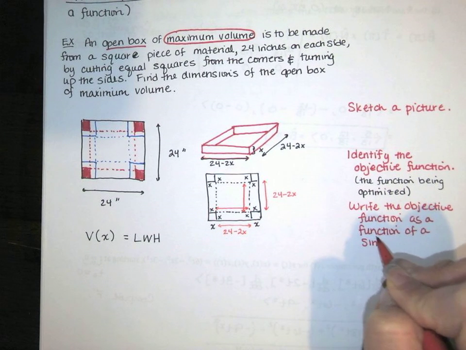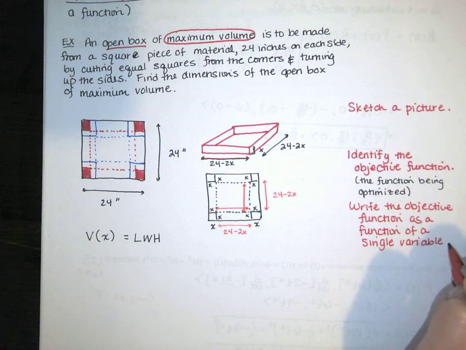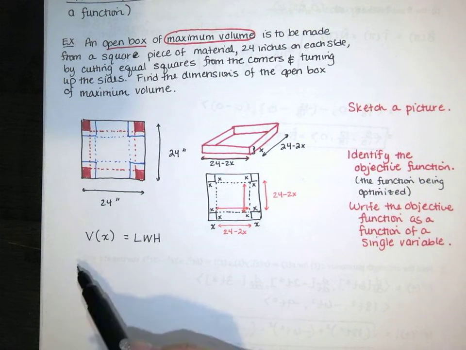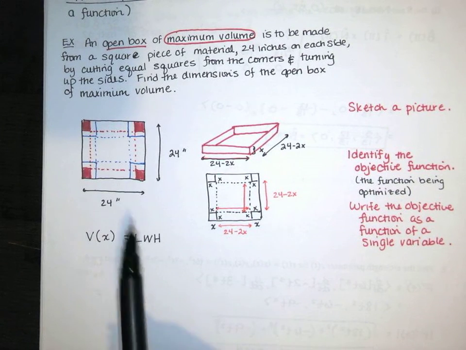We're in Calculus 1, so we can only optimize functions of one variable at this point. When you get to Calculus 3, you'll be able to optimize functions of two variables. But for right now, we need this to be a function of one variable, and it is. It can be written as a function of one variable.